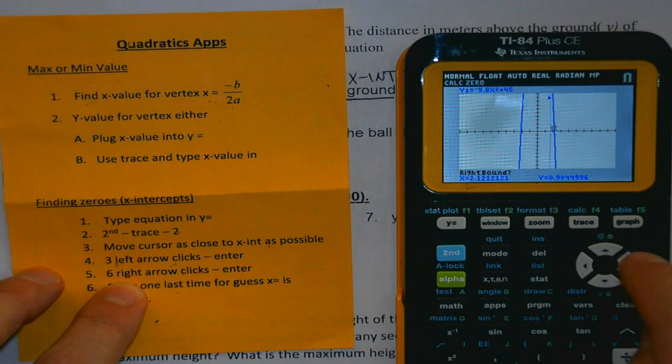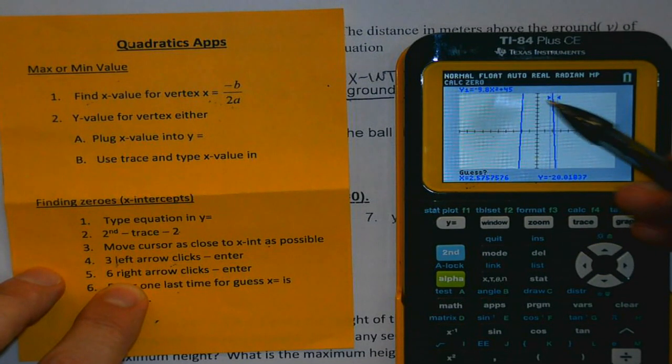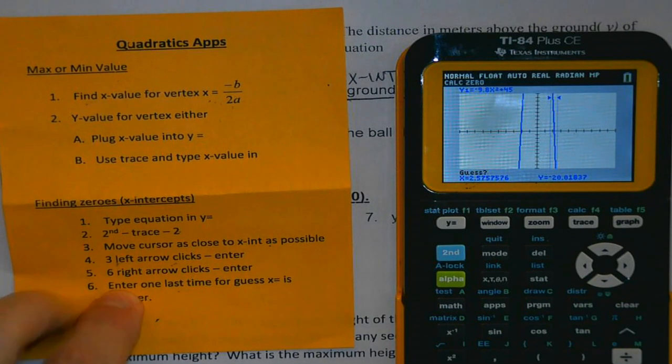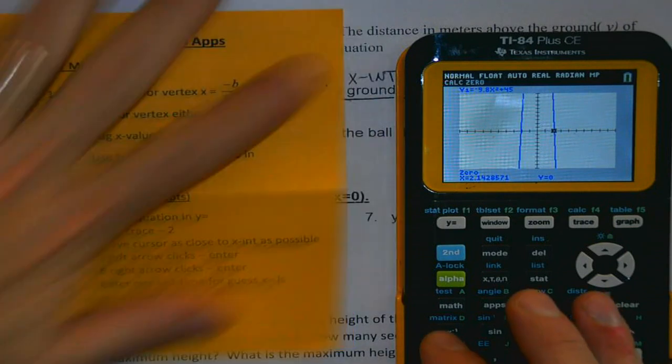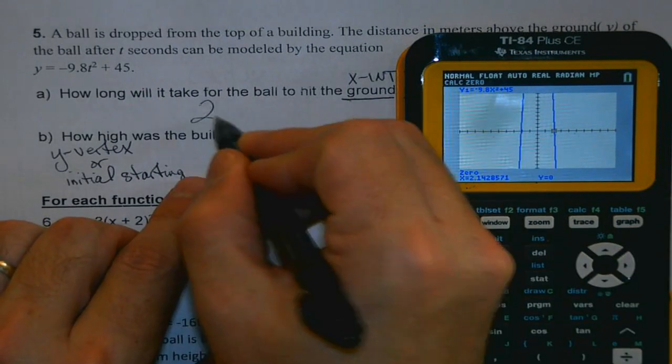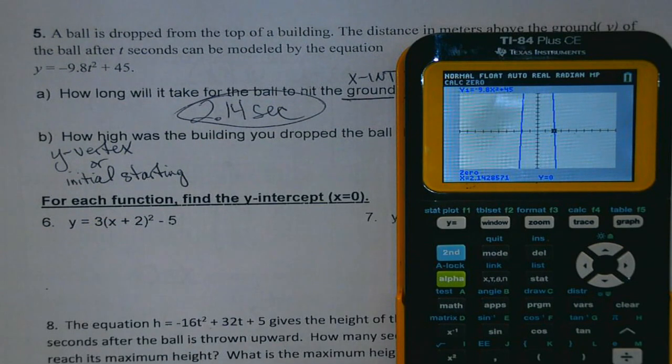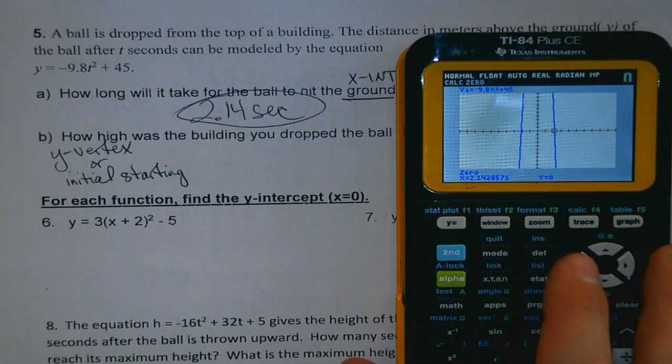Back at the start. 4, 5, 6. Enter. Arrows are pointing in. They're saying, ooh, we're narrowing in on the target. One last enter. 2.14 seconds. Which makes sense because when I looked at the graph, I said it's a little more than 2. So my answer is reasonable. I'm feeling okay with this.